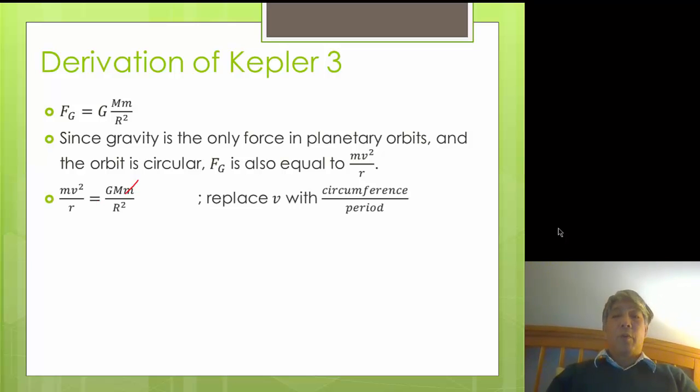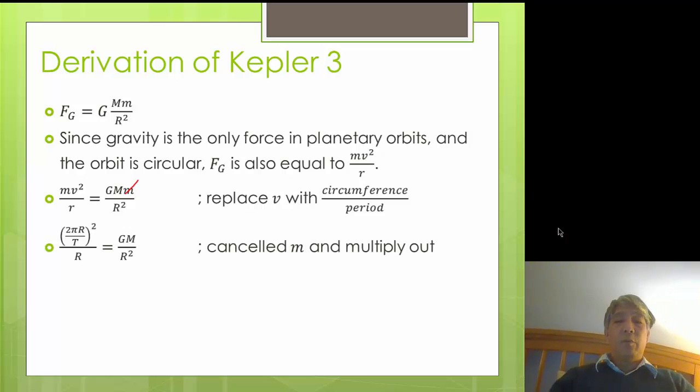So I can set those two formulas equal, and also remember that the velocity v can be calculated by circumference over period, or the distance that it travels in one full rotation and the time it takes for that one full rotation. The two little m's cancel and I'm left with a formula which looks a little bit ugly.